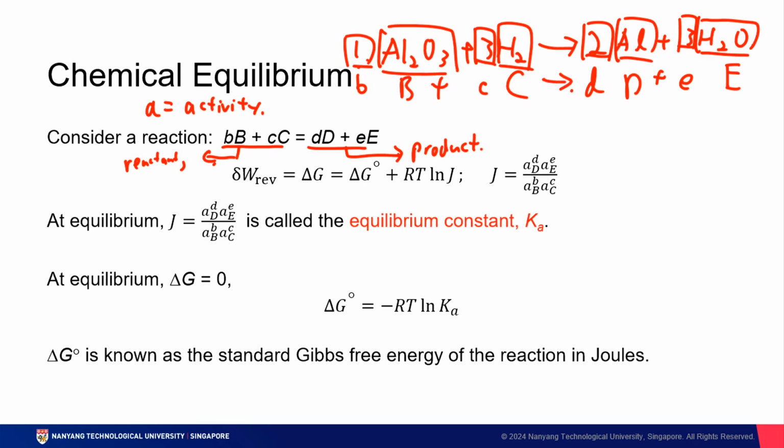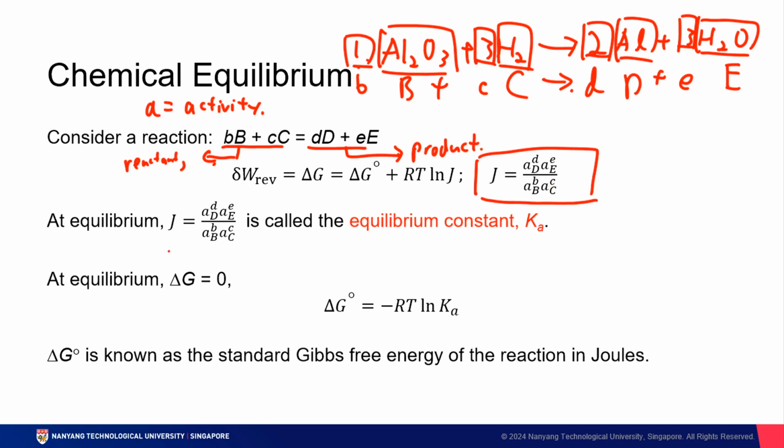If we were to take the equation for reversible work, delta G is equal to delta G naught plus RT ln J. J is essentially this with the different coefficients substituted in.